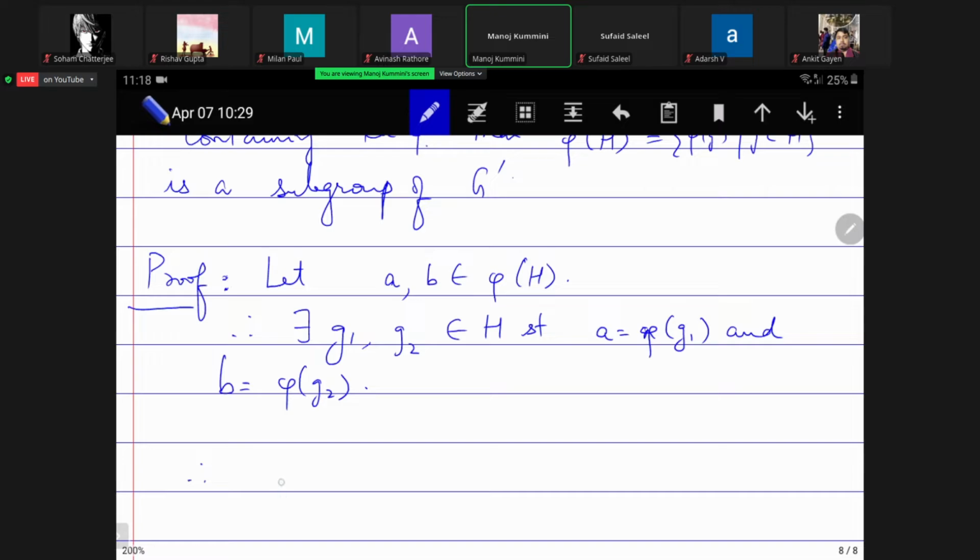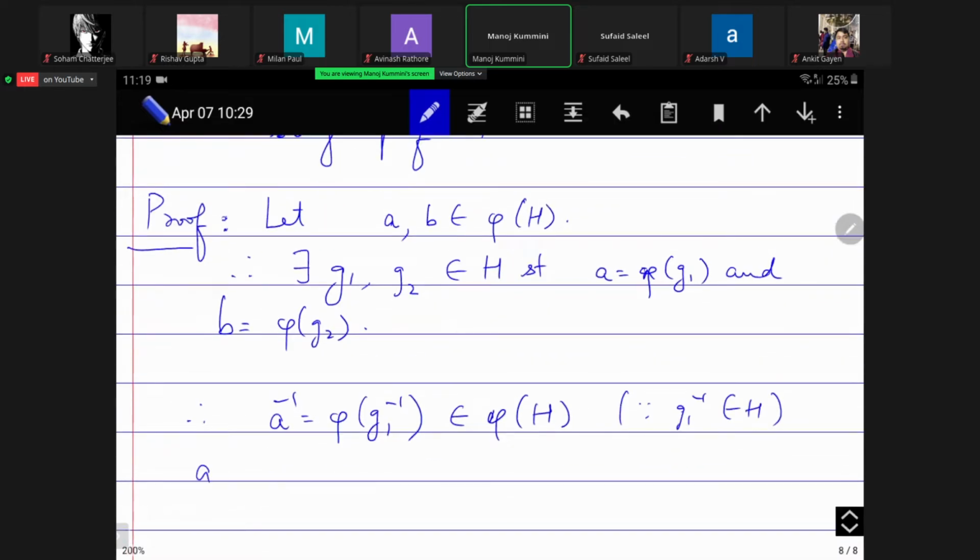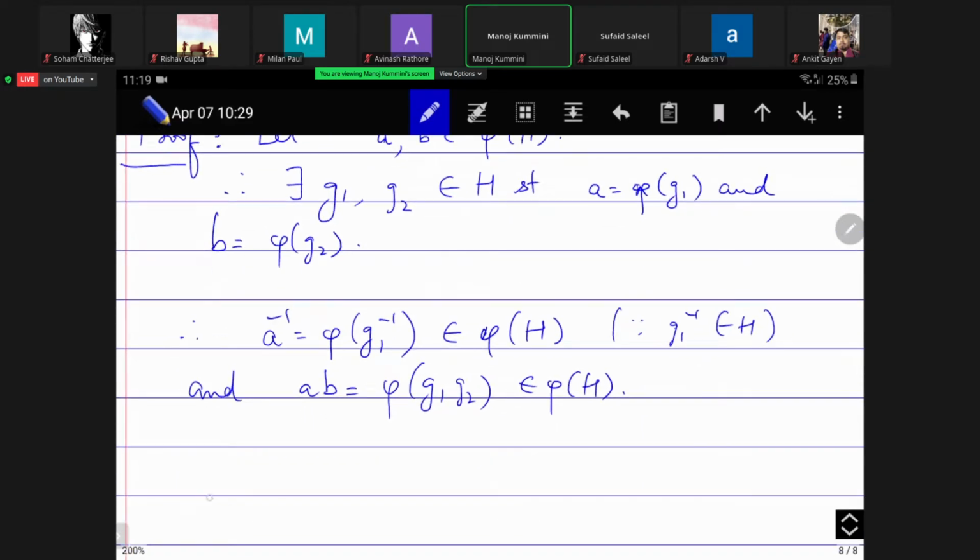Therefore, A inverse, which is phi of G1 inverse, is inside phi of H, because G1 inverse is inside H, it being a subgroup. And AB, which is phi of G1 G2, is also inside phi of H. Therefore, phi of H is a subgroup.